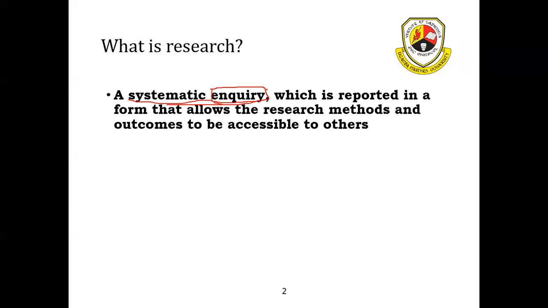To make that inquiry, you use what we refer to as research methods. This is a core point of research, and those research methods are what make our research scientific.